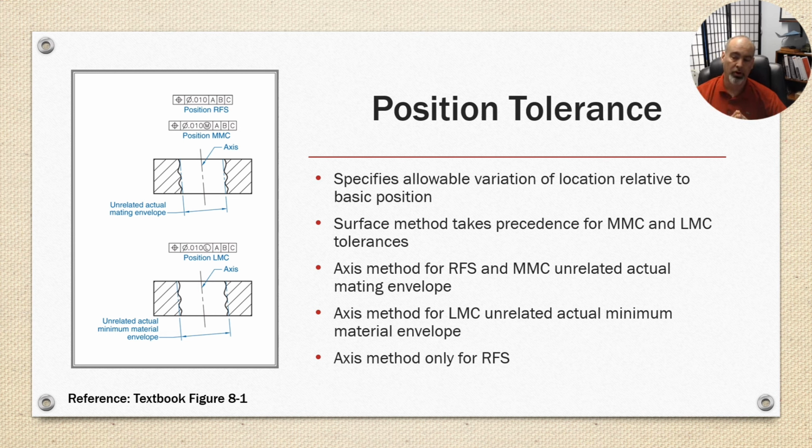Now, the functional gauge setup is actually the most efficient when you're in production, so that you physically have some sort of gauge that goes into these hole patterns to determine pass or fail criteria. But you have to have very accurate tooling, and it has to have its own calibration cycle. If you're using, say, coordinate measuring machines, they're going to be picking up on a theoretical axis.